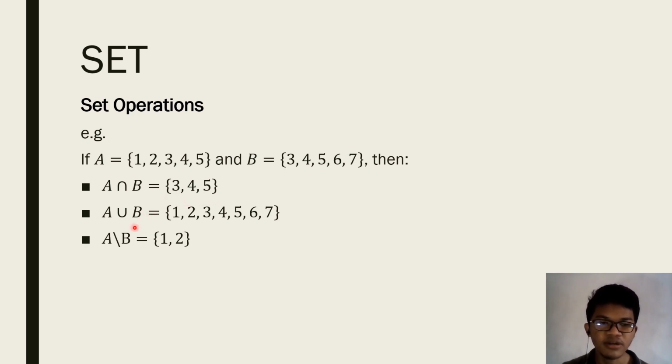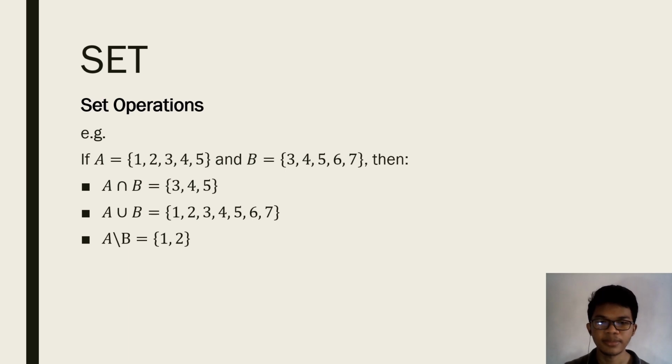The union of A and B equals 1, 2, 3, 4, 5, 6, 7, and the difference of A and B equals 1 and 2. Okay, that's all about set.